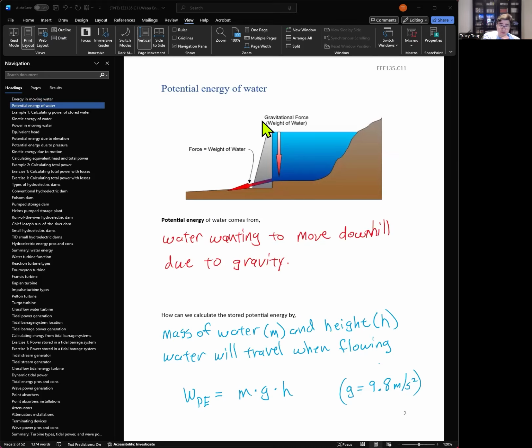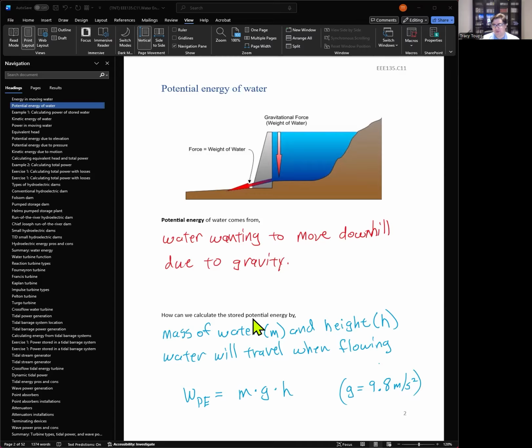It goes down the river through gravity, and all water ends up in the ocean. At the end of the day, water will always go down to the ocean because that's sea level. That's the lowest point where the water can go. And then the water will evaporate into the air and it'll go back into the mountain. And that's a cycle of continuous water flowing from a river. So water wants to flow downhill, and water high up in the mountain, at a higher elevation, has potential energy to move down. And that's due to gravity.